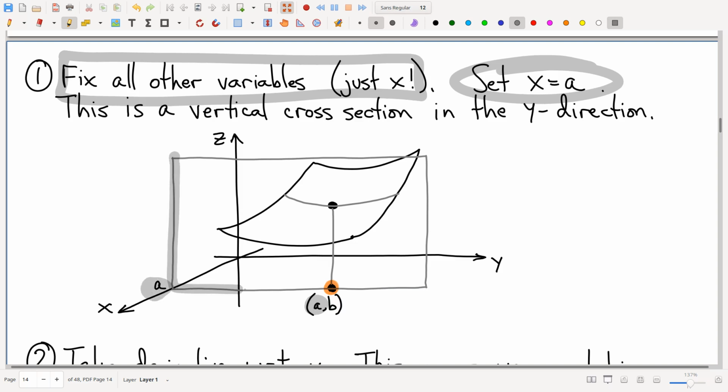In other words, I'm looking only in this vertical cross-section of my initial graph. Right, and keep in mind my initial graph is this whole surface. But now that I'm fixing x equal to a, all that really remains is that cross-section curve. Yeah? There's no way to say anything about the whole surface. You have to keep it relative to some point in your domain which maps up.